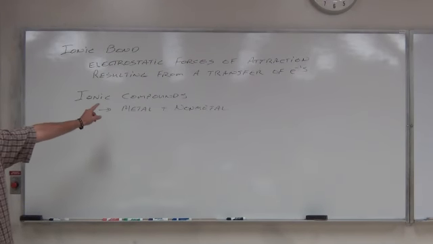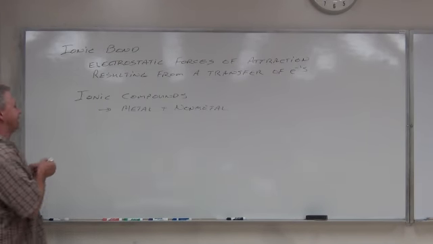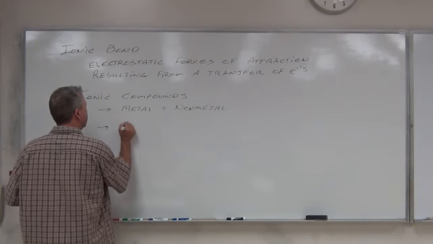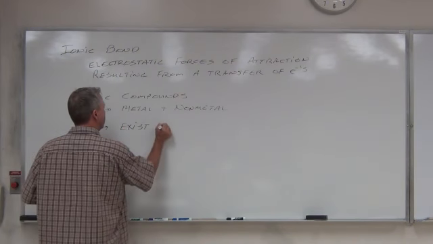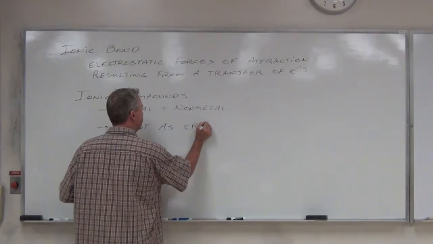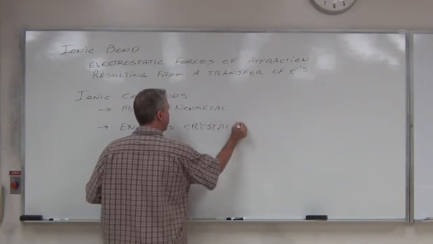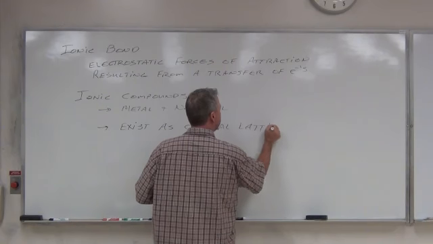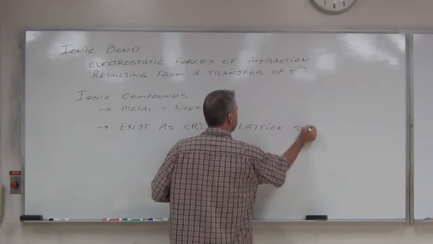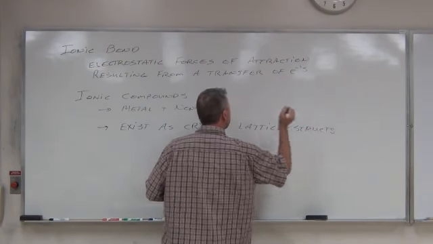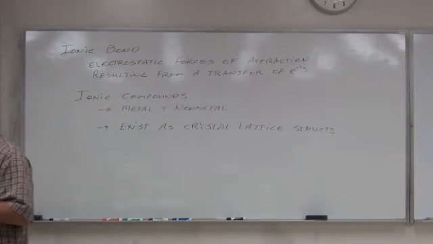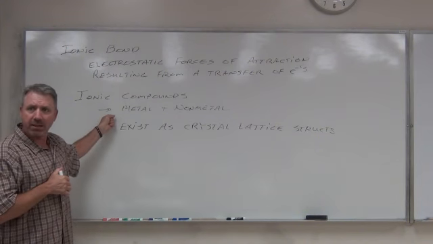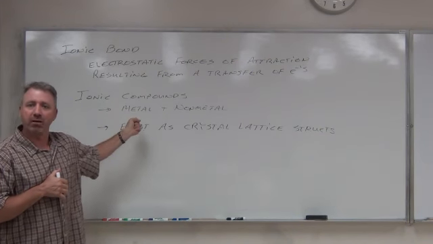Ionic compounds are metals and nonmetals, and they exist as crystal lattice structures. They exist as crystals. Okay? It's improper and incorrect to refer to any compound that contains a metal as a molecule.